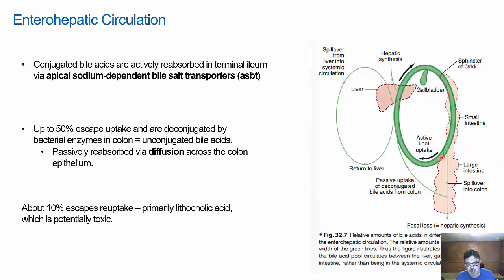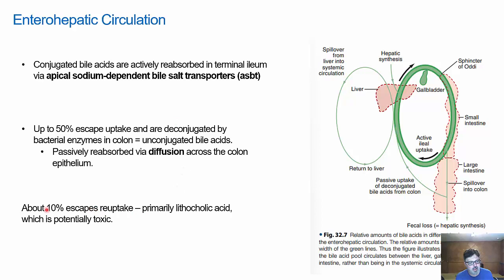So once they're deconjugated, they become neutral. They become water insoluble again. And from there, they can just be passively reabsorbed. So you're going to have both an active uptake of these bile acids along with a passive uptake of these unconjugated bile acids, or deconjugated rather.